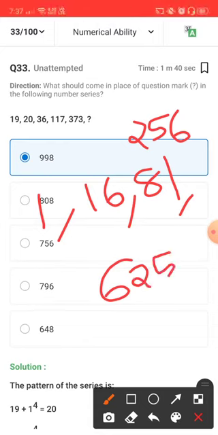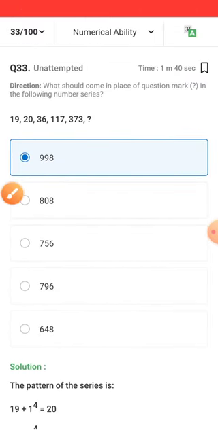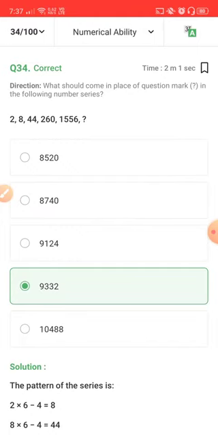So we are adding 1 raised to 4, 2 raised to 4, 3 raised to 4, 4 raised to 4, 5 raised to 4. So if we add this, we get 998.